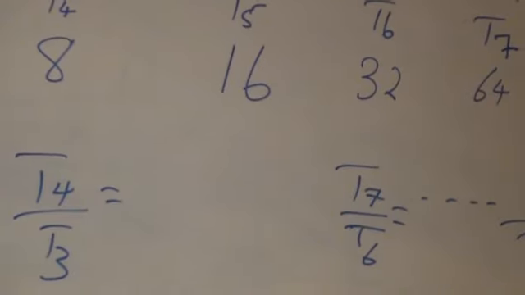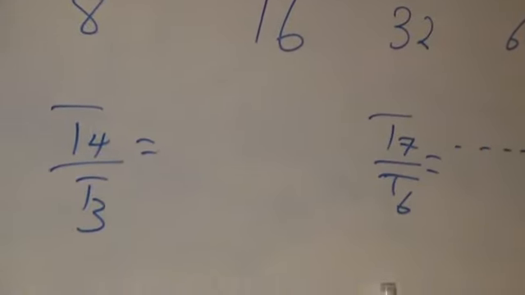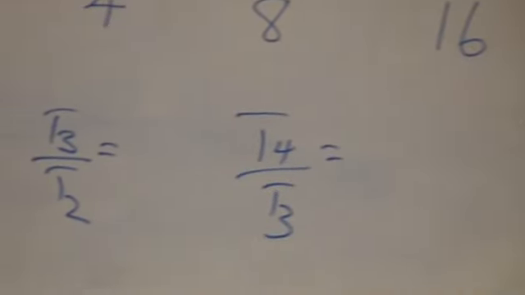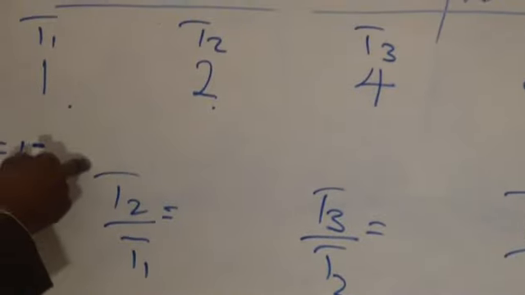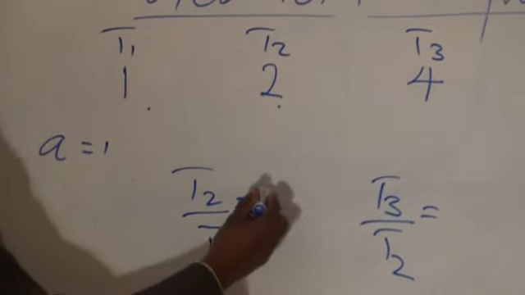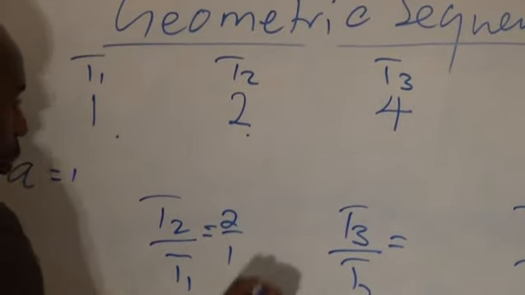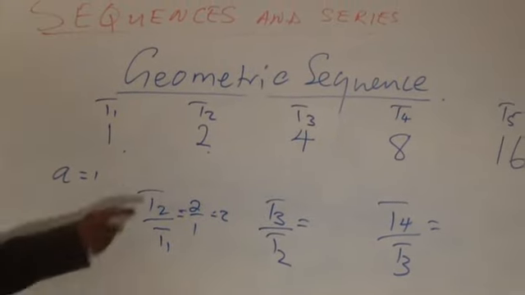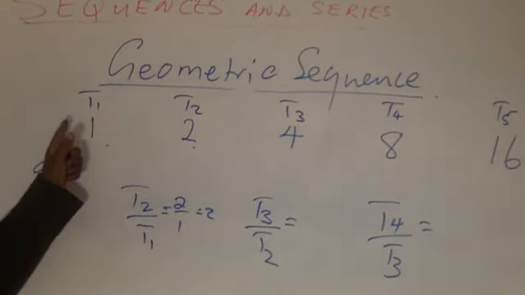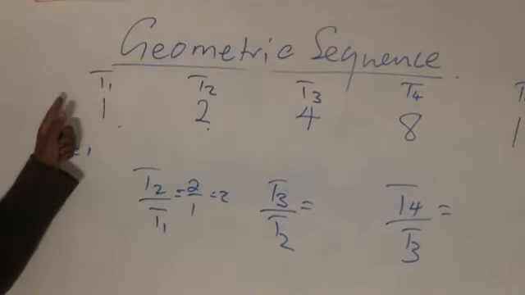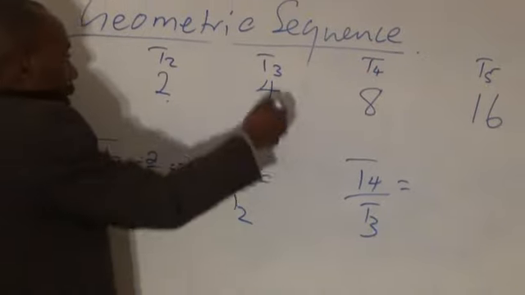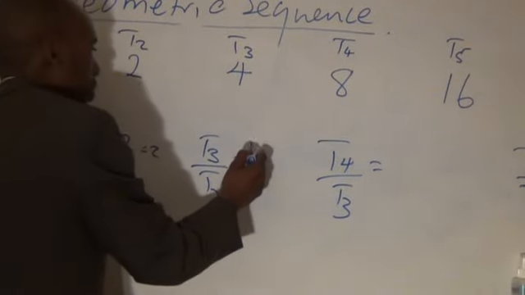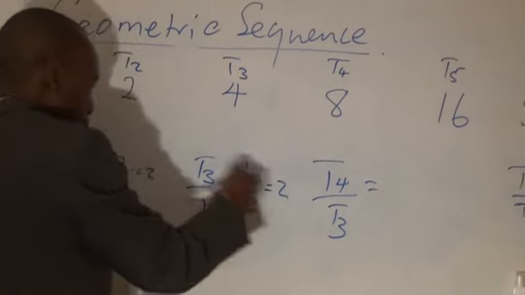If we look at those, we'll see the following. T2 divided by T1 is actually the same as 2 divided by 1, which is equal to 2. Which is the number that we said we are multiplying everything by, for us to get the following term. If we look at T3 divided by T2, this is the same as 4 divided by 2, which is 2 again.